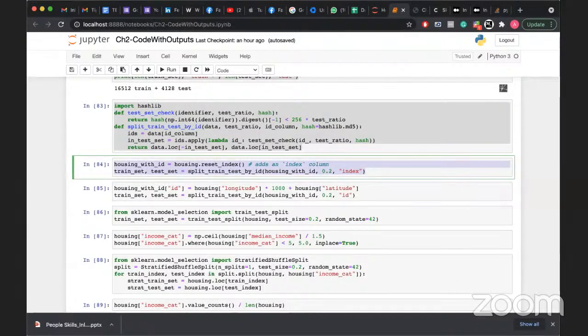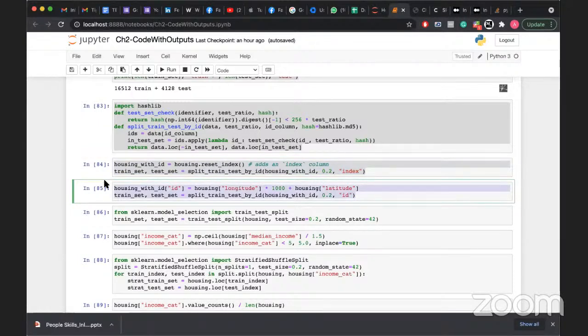I want you to execute this code as and when I'm showing this and explaining this. Execute it and tell me the output. Likewise, we'll combine the latitude and longitude to create an identifier. Try both of this.